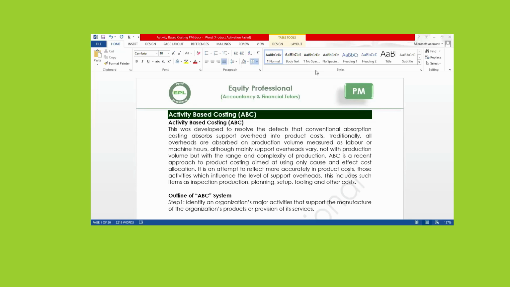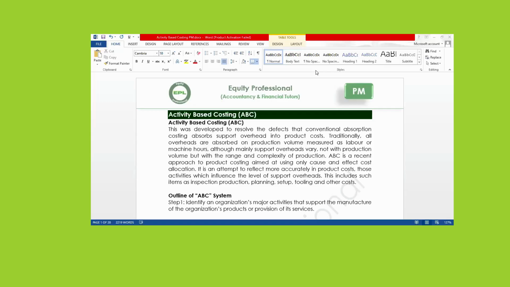We compare this with the traditional costing system. Our traditional manufacturing environment was driven by human labor, less of technology.